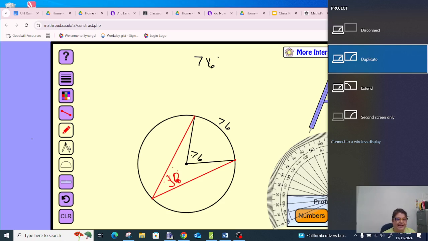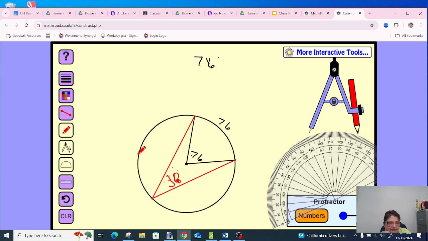Try doing it again. Take another point, put it on the outside of the circle, just random, and remember you're joining from the two original points that you intersect. Then try measuring that angle and see what happens.